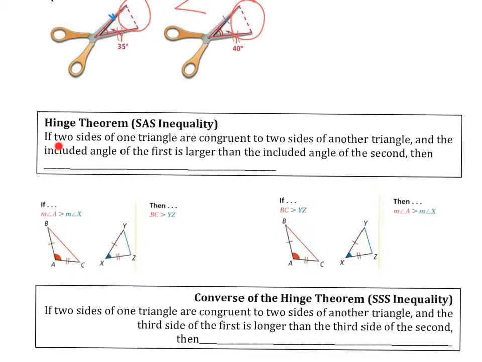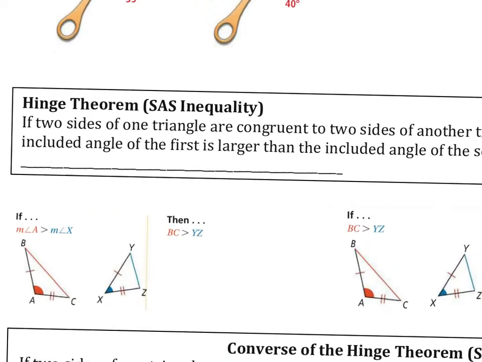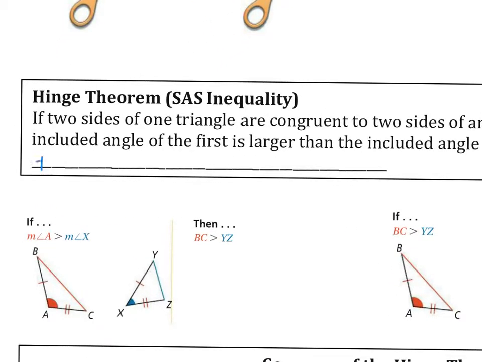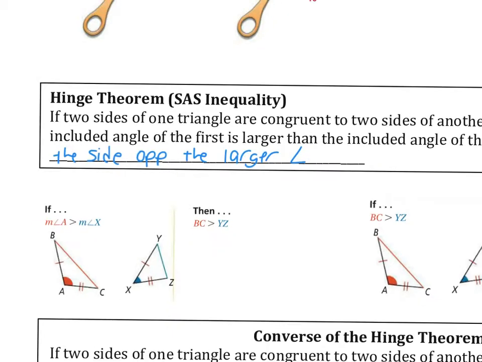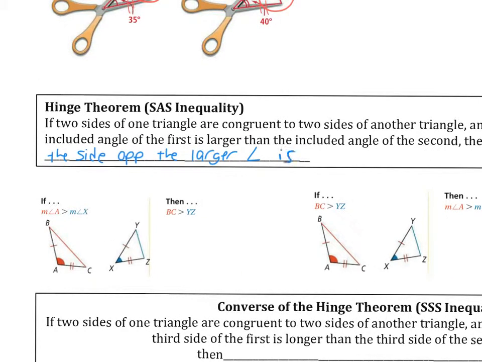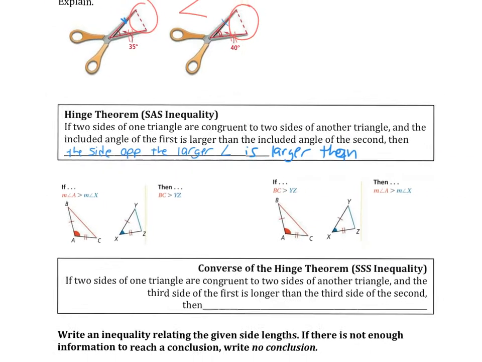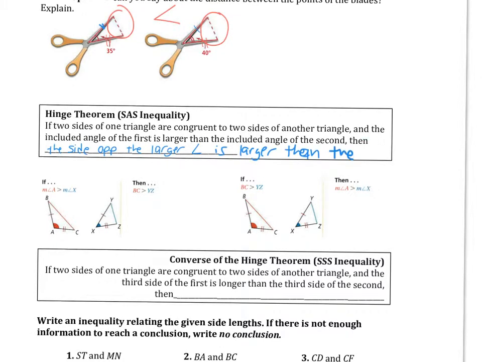So, if two sides of one triangle are congruent to two sides of another, and the included angle of the first is larger than the included angle of the second, then the side opposite the larger angle is larger than the side opposite the smaller angle.